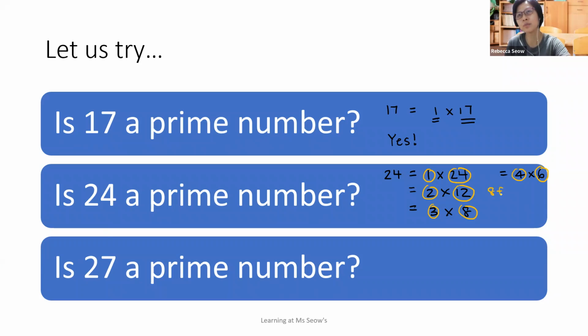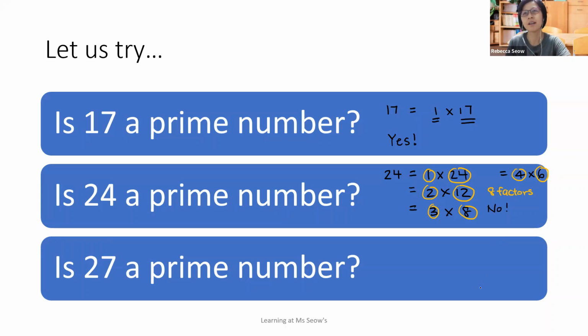Oh, that's way too many already, right? So if there are 8 factors, this does not agree with what a prime number is. So it is not a prime number. 24 is not a prime number. So I'm going to put down no.